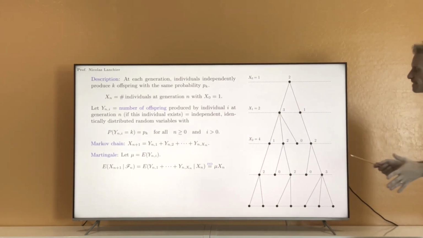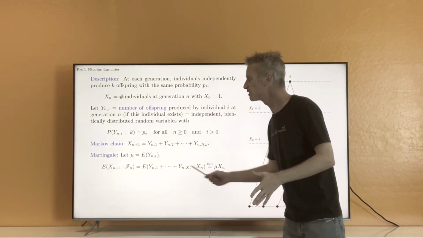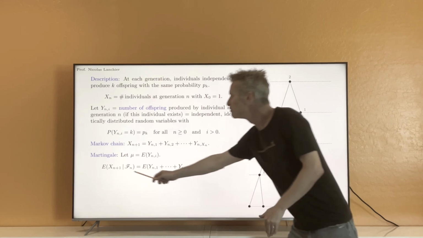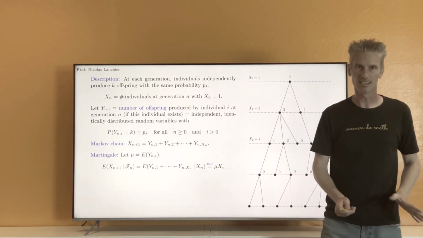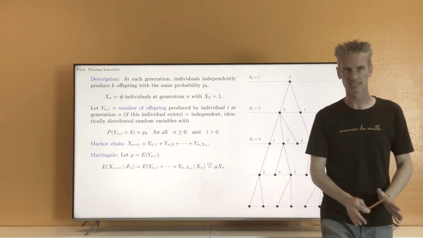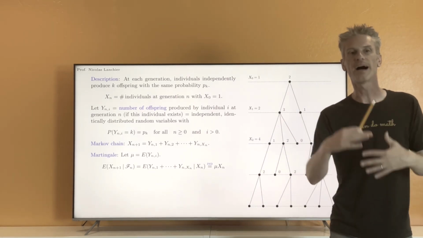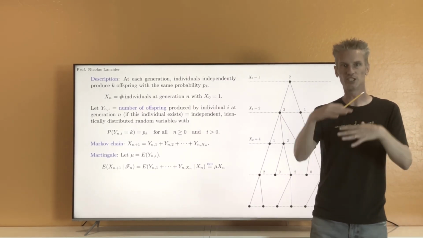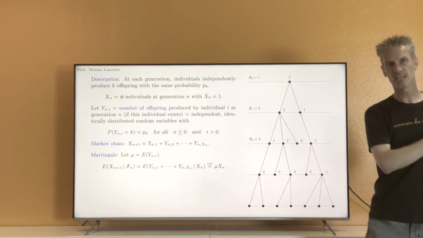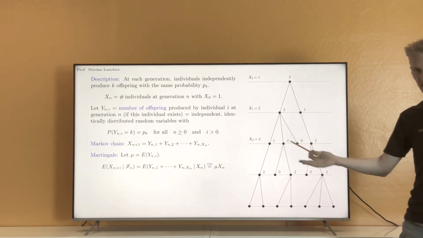So this calculation suggests that even if Xn is not a martingale, if we rescale the population size, which is random, by its expected value, which is a fixed number, in this case mu to the n, we should get a martingale. And indeed, that works.